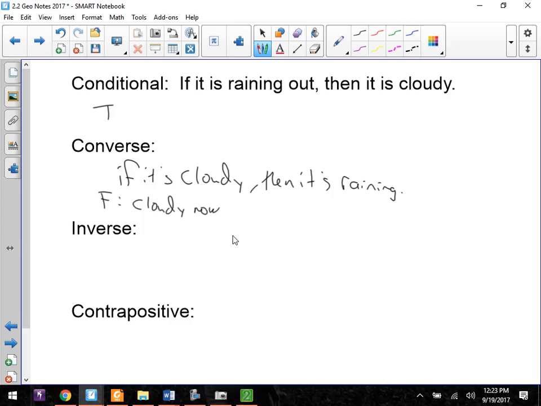Can you come up with some way of showing that you can disprove it? Inverse. Well, the inverse says if it's not raining, then it is not cloudy.